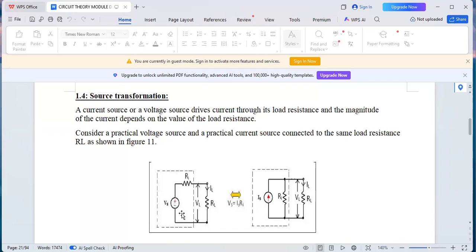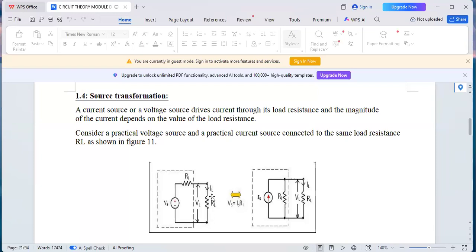So this is a voltage source. The energy supplied by the voltage source is equal to the voltage drop. Voltage drop is the amount of voltage utilized by the load.